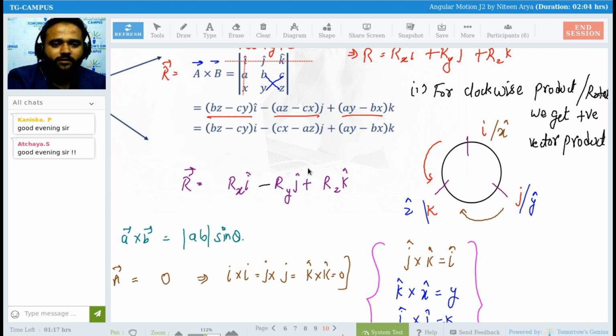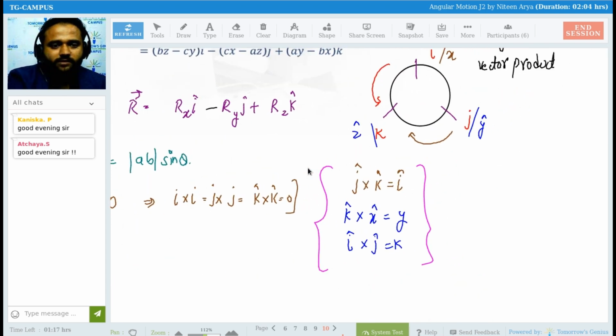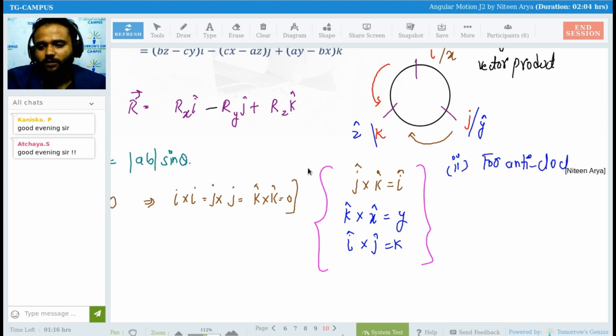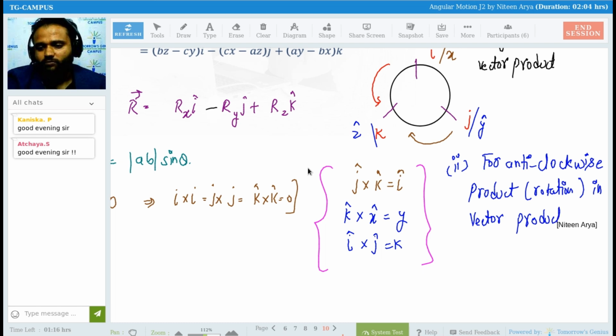And here, the second thing, for anti-clockwise product or rotation, in vector product, we get negative result or negative resultant vector.